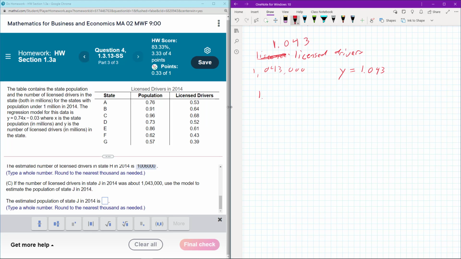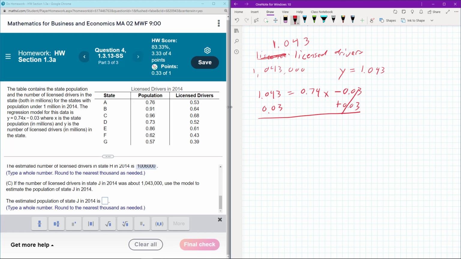We are going to have that 1.043 is equal to 0.74 X minus 0.03. Of course, we're going to add 0.03 to both sides. Let's remember, we want to isolate X. These will cancel.